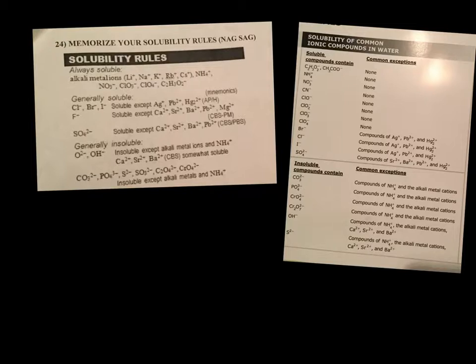This chart over here was what you had back in pre-AP year. You will not be allowed to use this chart. I am just giving you the warning. I might be nice for 1 or 2 days, but after that, you are not to use that anymore. You do have to have these rules memorized. They play an important role in quite a few of our different topics that we're going to cover this year.